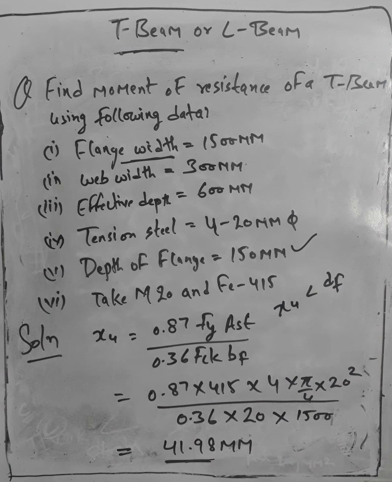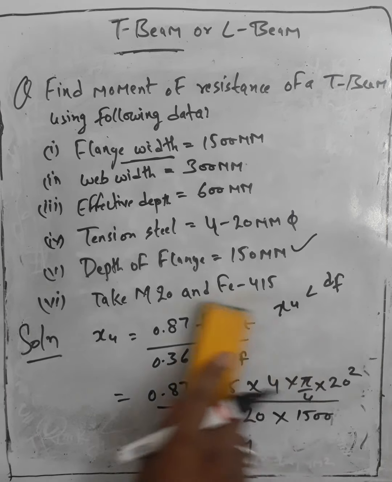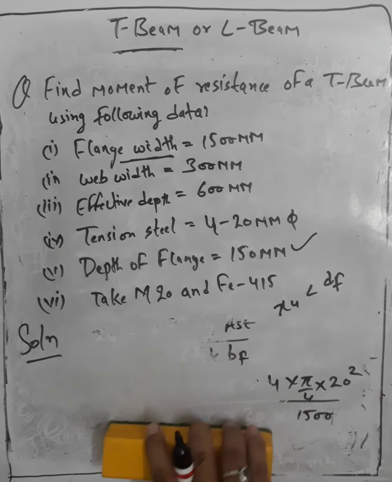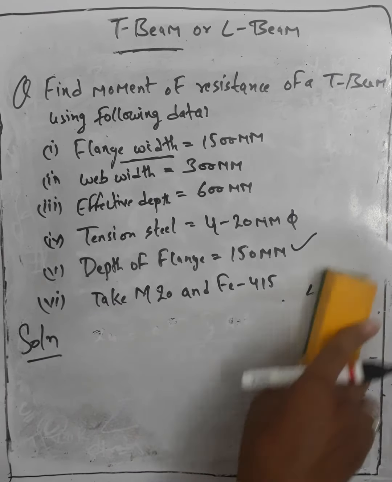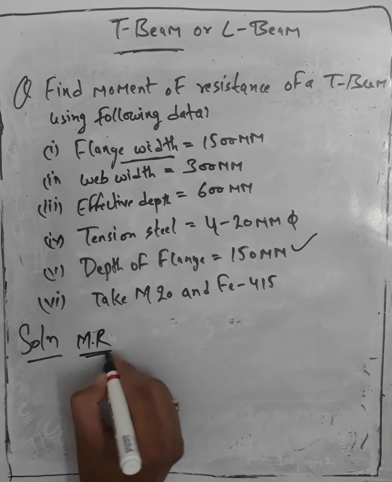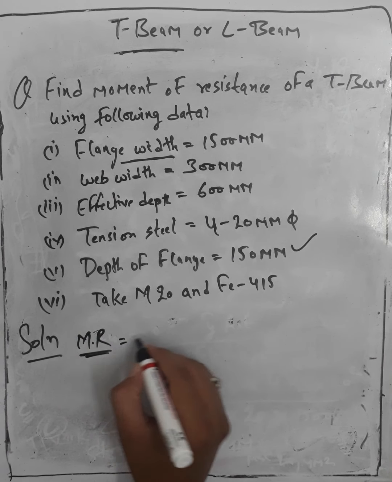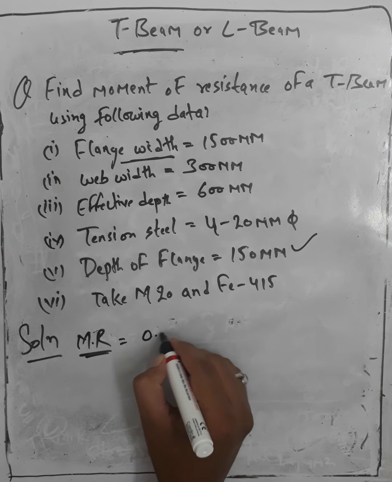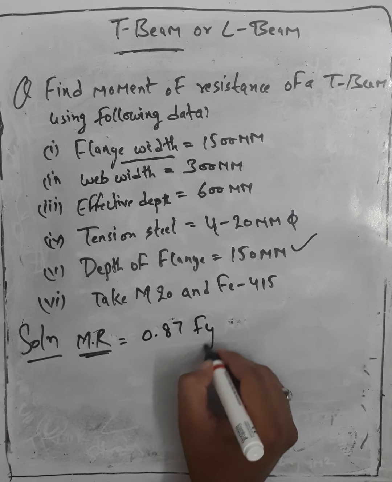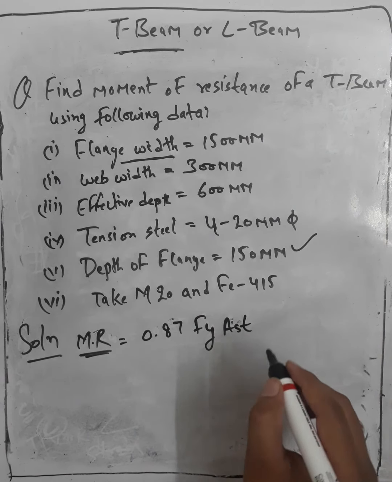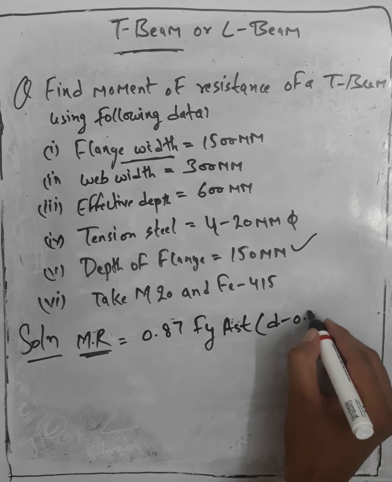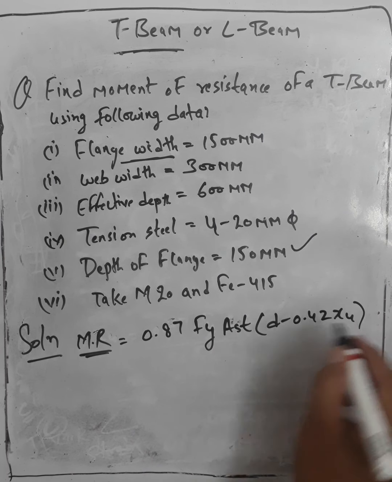So for finding the moment of resistance we directly use the formula, and the formula is MR is equal to 0.87 Fy AST (D minus 0.42 XU).